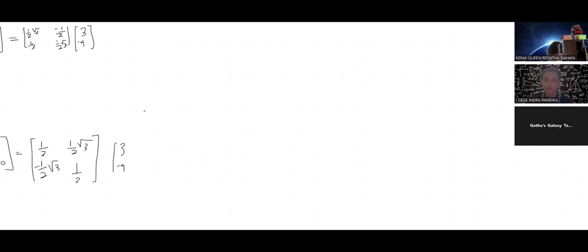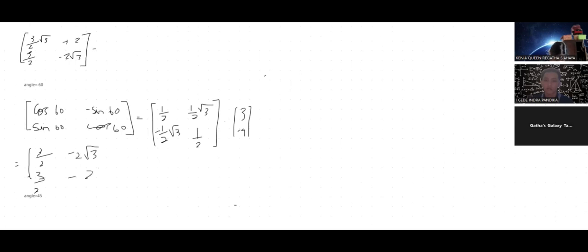The result will be 3/2 minus 3/2 minus 2 cross root of 3 and minus 2. So this is the result from question number B.